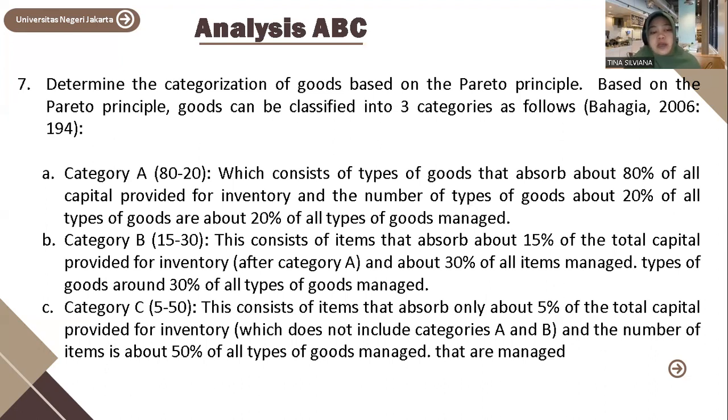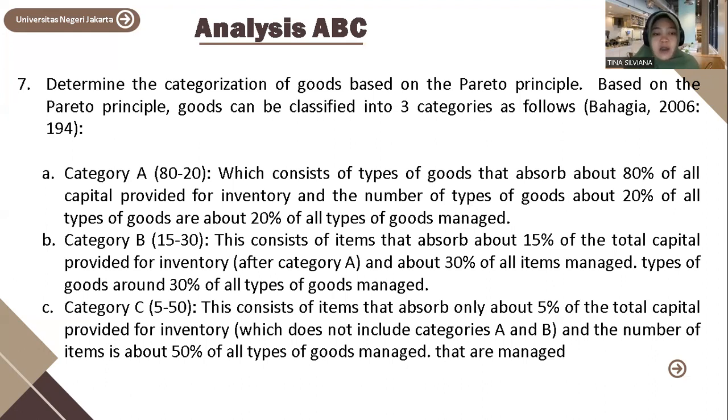Category B, 15 to 30. This consists of items that absorb about 15% of the total capital provided for inventory after category A, and about 30% of all types of goods managed.